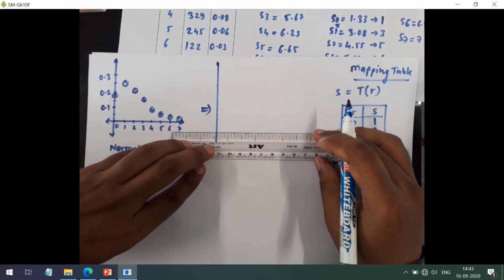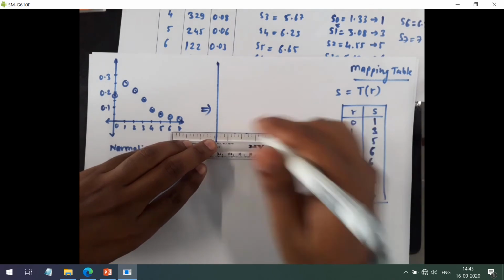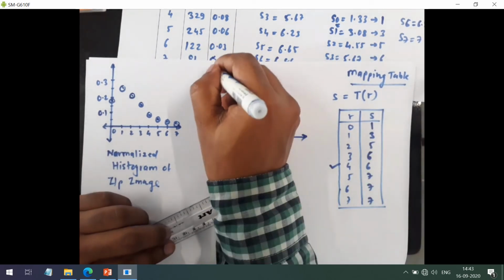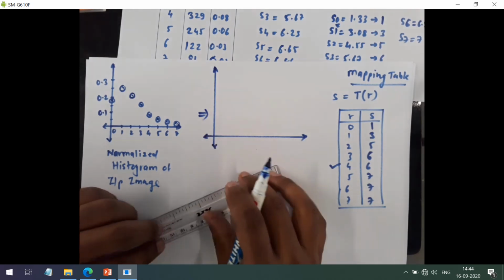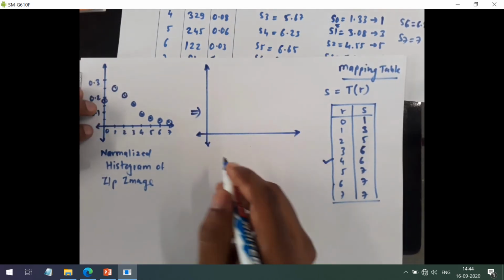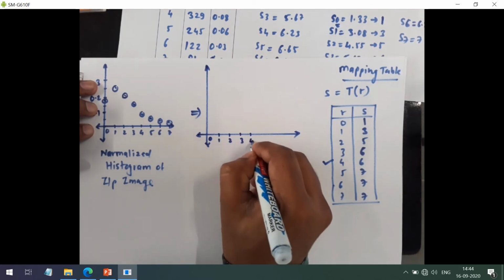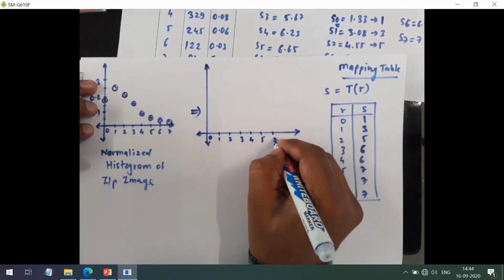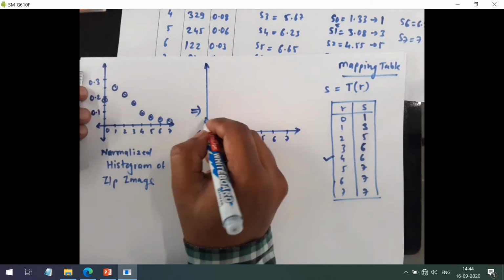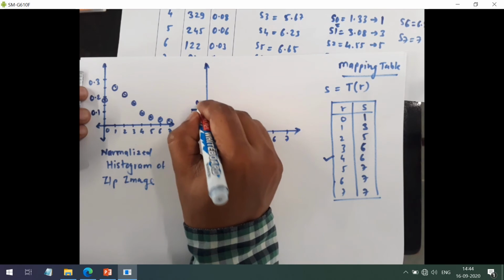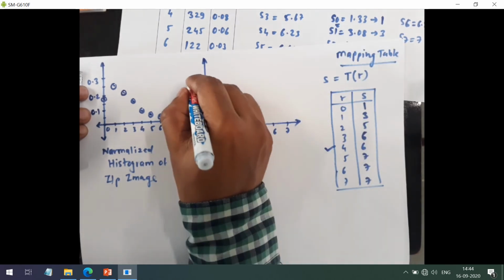So we should get a flat or normalized histogram. That is our expectation. Okay, and 0.3.